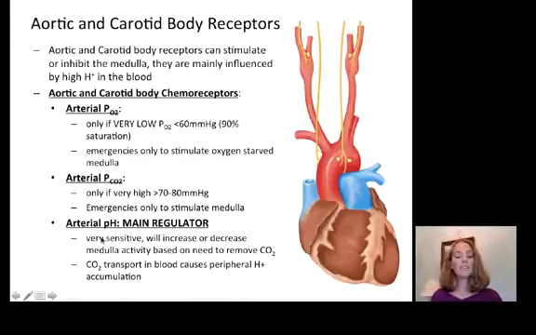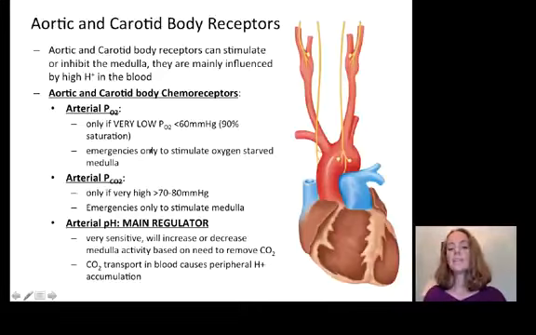So they're very, very sensitive to pH of the blood, and they will increase or decrease medulla activity based on the need to remove carbon dioxide. So they will directly send signals to the medulla to increase ventilation to remove more carbon dioxide.